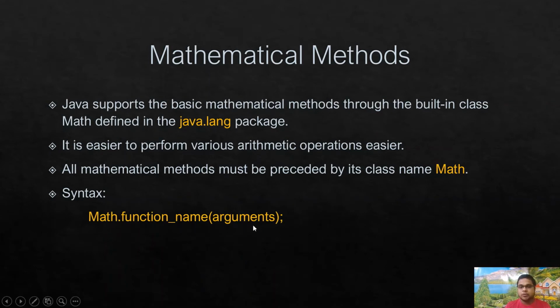Inside the parentheses you put the arguments, which depend on the function name. Some functions take 1, 2 or more arguments, but some functions take a single argument. This is the syntax of the math functions. Let's go to the next slide.